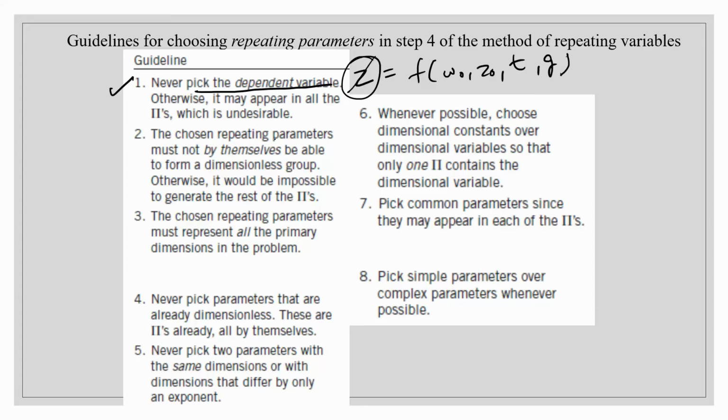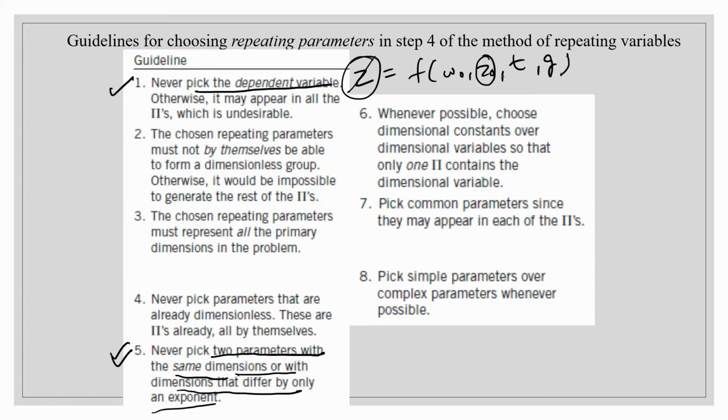Now the chosen repeating parameters must not by themselves be able to form a dimensionless group. Never pick 2 parameters which have the same dimensions, or dimensions that differ only by an exponent.